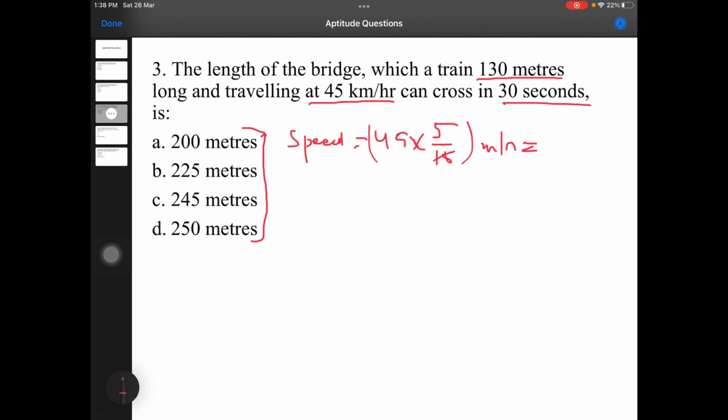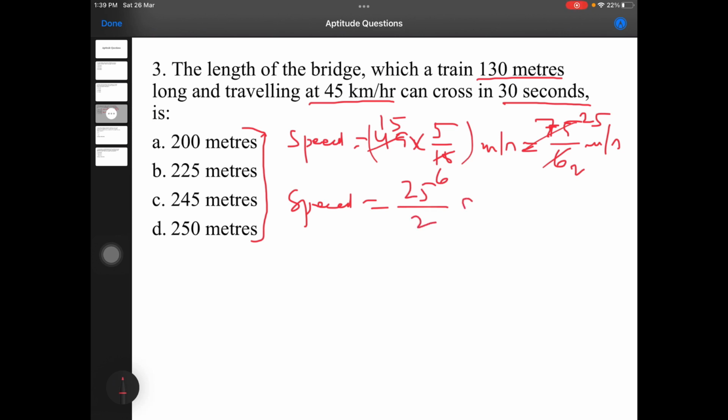This one will go by 3 6, this one 15. So here will be 75 by 6 meter per second, and this one still we can divide by 3, will go here 2, this one 25. So the speed is 25 by 2 meter per second.